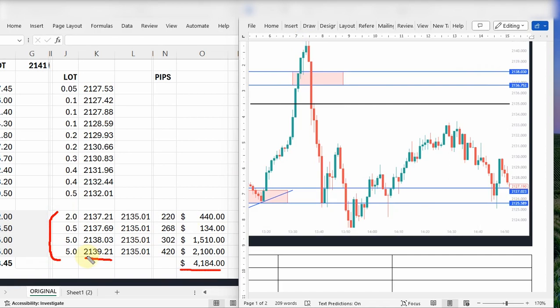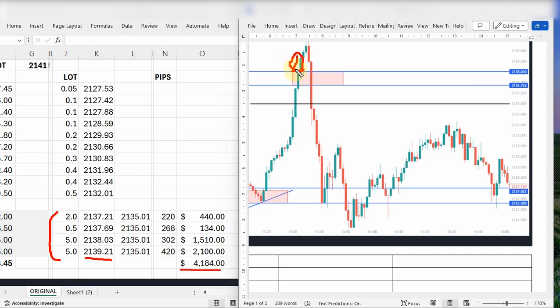From your screenshot, this 5 standard lot was entered at 21.39, which is here, around this region above this line. This is 21.38. So she entered somewhere here, but you said it's somewhere here. The second standard lot was also 21.38, which is here around this region.